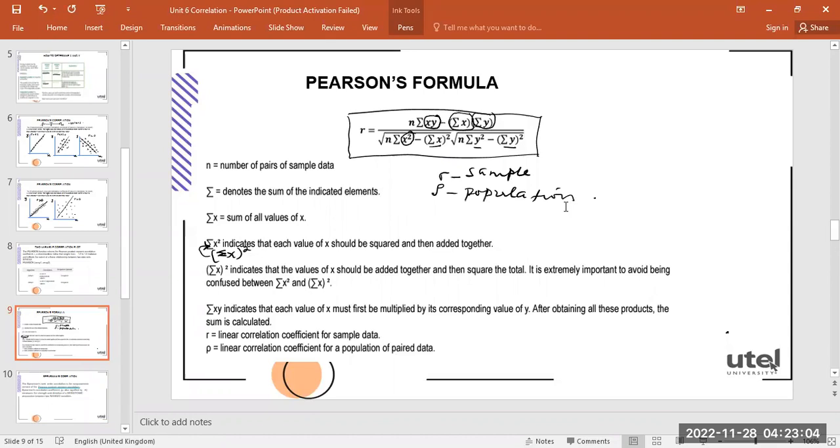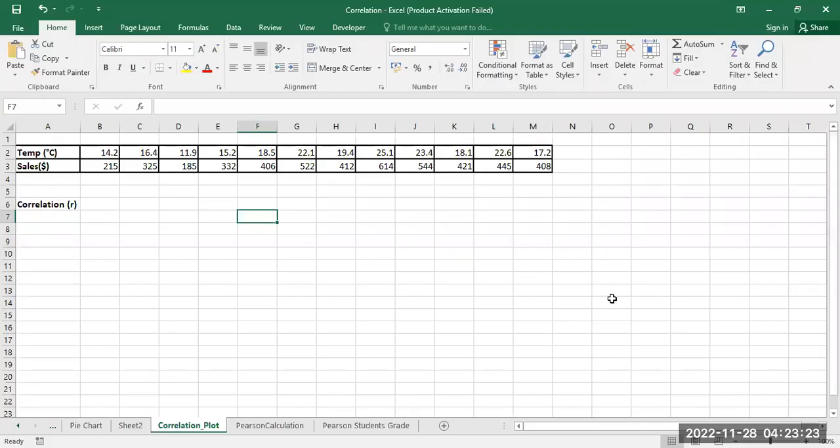Now, at this point, I'm going to share my screen, my Excel spreadsheet, and let's see how all these values could actually be calculated. All right.